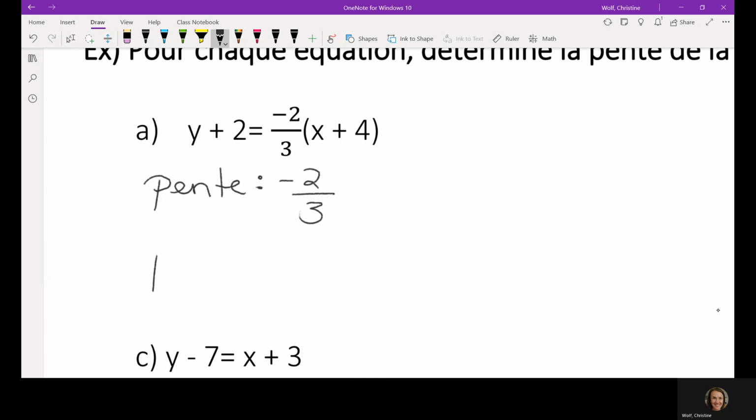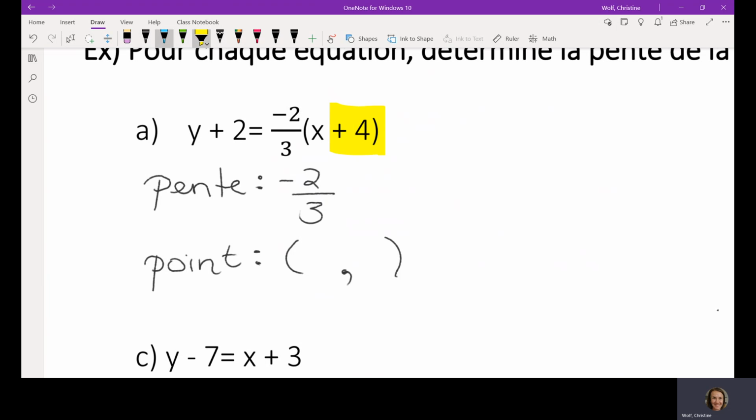Now, la question demande aussi de déterminer le point. What would be a point on this line? So, ce qu'on fait, on va créer une coordonnée avec x, y. All we do, to find our x coordinate, you look at the number that's in the bracket with x. So, c'est 4.